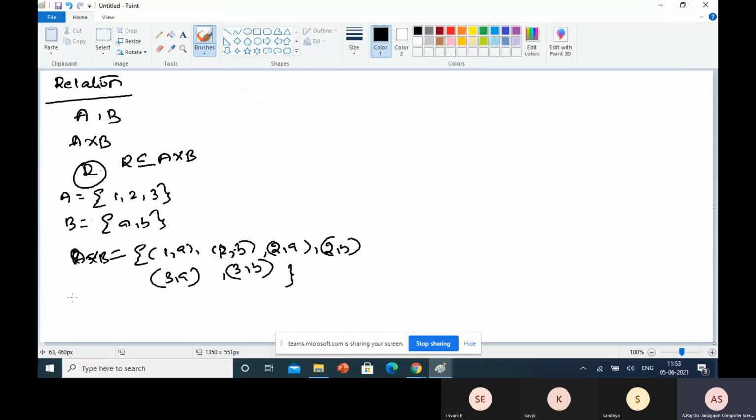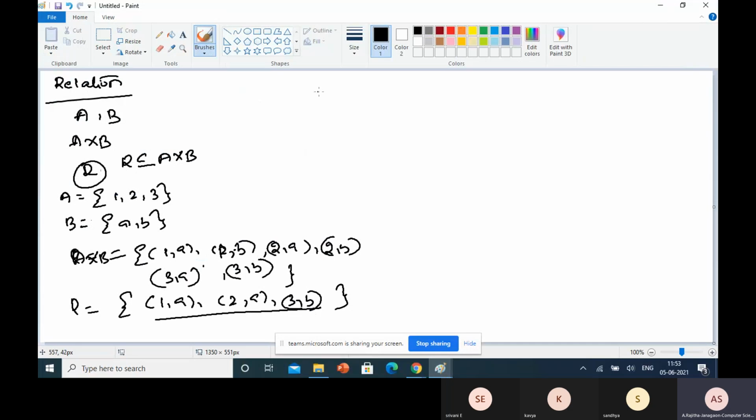Okay. So now R is a subset of this one. That is 1 comma a, suppose 2 comma a or 3 comma b. So these are the subset of elements. So these are a subset of this A cross B. Okay.